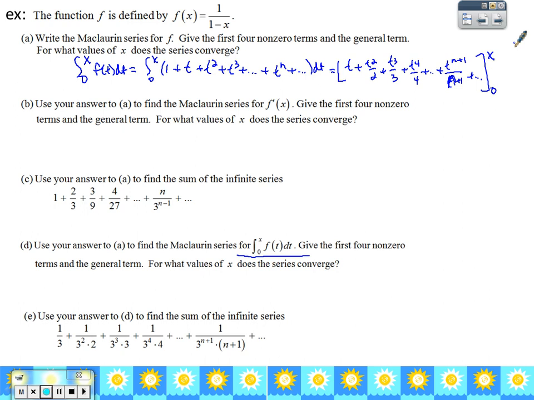Okay. So we integrated. This is a really messy n plus 1.